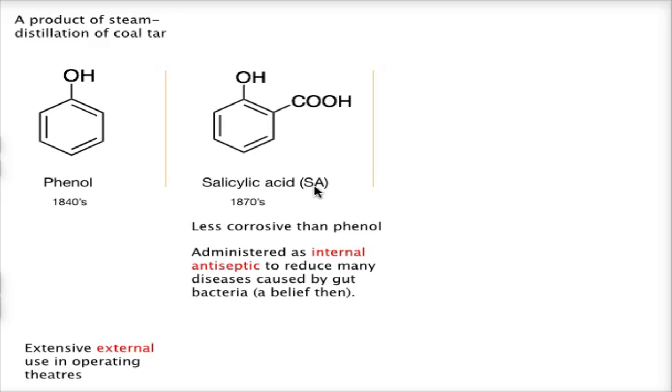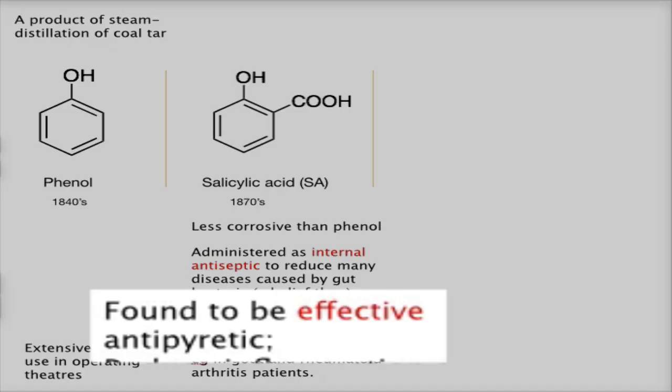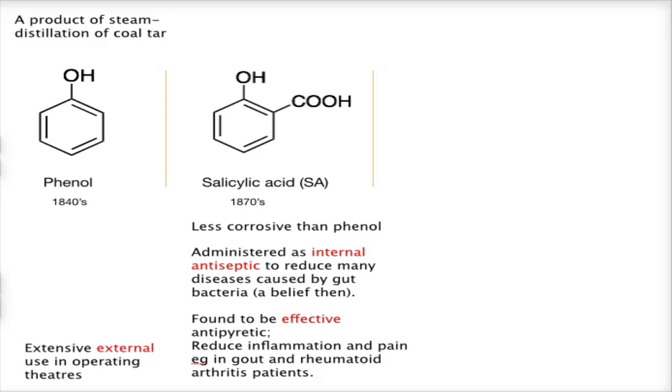And it's also less corrosive than phenol. So it was a success because it was found to be effective in reducing fever. Therefore, it's an effective antibiotic. It was also then found to reduce inflammation and pain for arthritic patients.